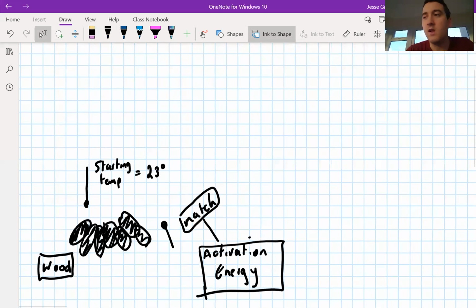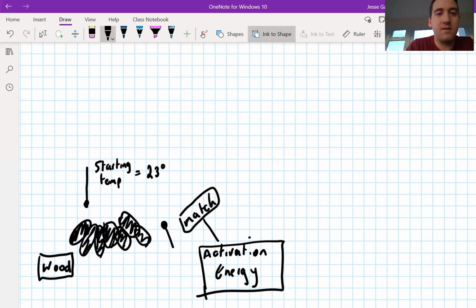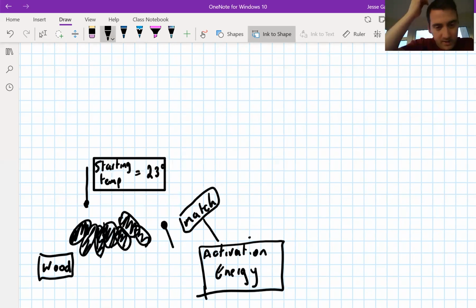So we have our wood, our fuel, and the starting temperature is 23 degrees. And we're going to use our match to get our fire started. This is an example of what we call a combustion reaction.